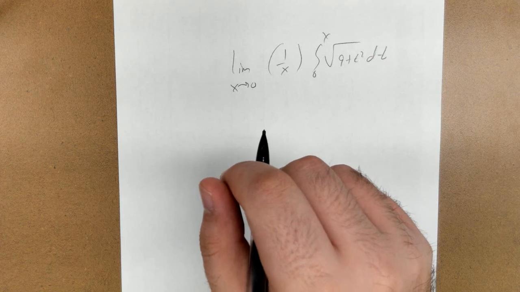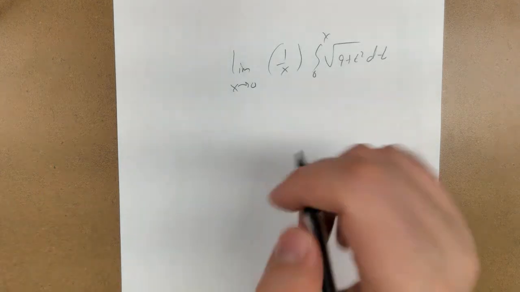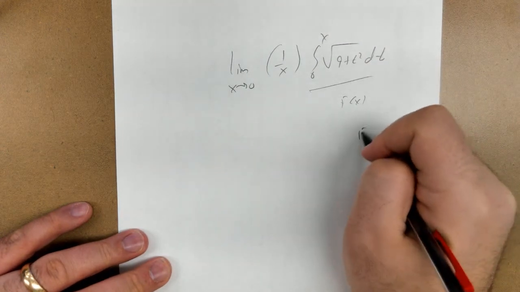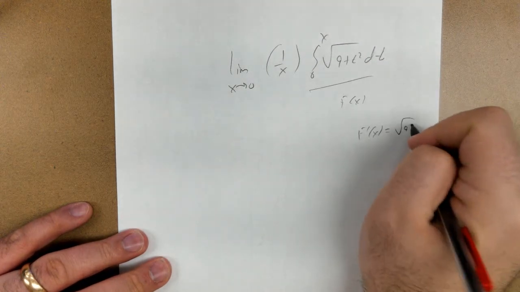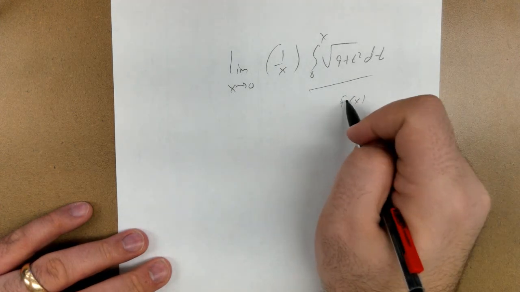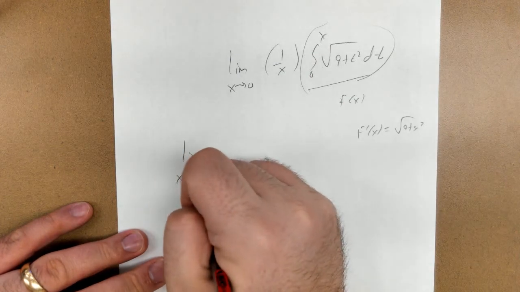Using the way that they wanted, with the definition, you know that the derivative of this thing, if that's f of x, f prime of x is the square root of 9 plus x squared. You can actually make this kind of a derivative definition.